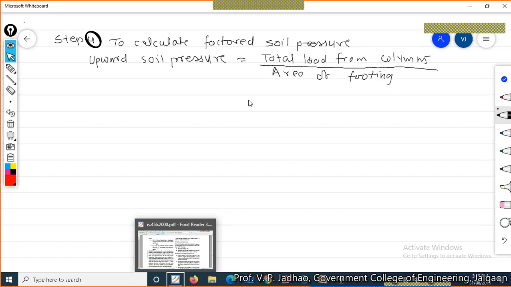Upward soil pressure is equal to total load from columns divided by area of footing. We have total load from the columns is 1600 from one column plus 1600 from another column divided by area of footing, which is 7.5 multiplied by 2.4 meter, or you can directly take the value 18. So how much will the total upward soil pressure be?